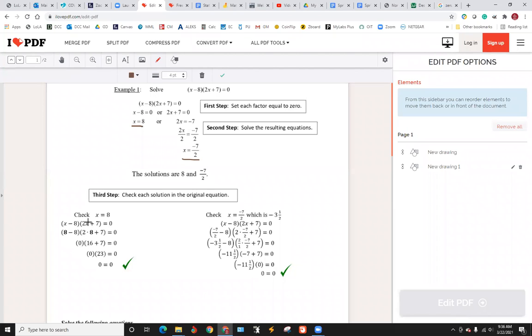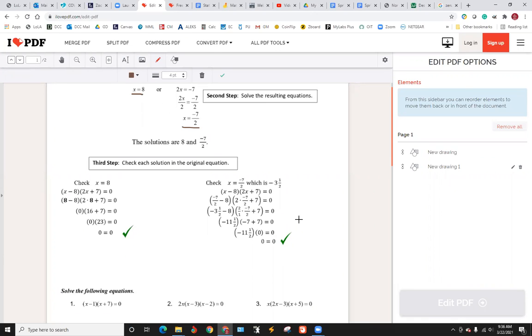Over here it ends up being 2 times 8 is 16, plus 7 is 23. But 0 times anything is 0, so this one checks. Now this one's a little bit more messy because it's a fraction, but the same thing happens. The negative 7/2 makes the right binomial 0, and so 0 times anything is 0.